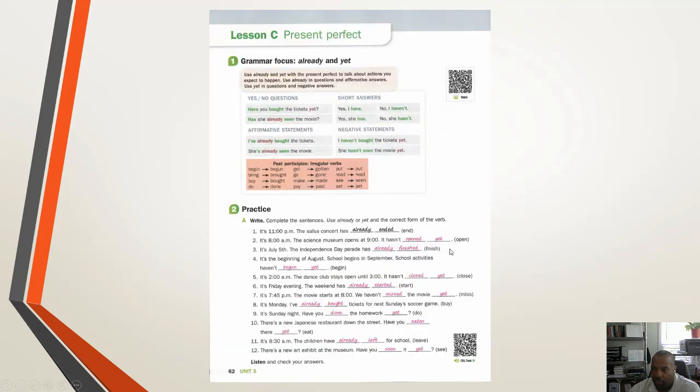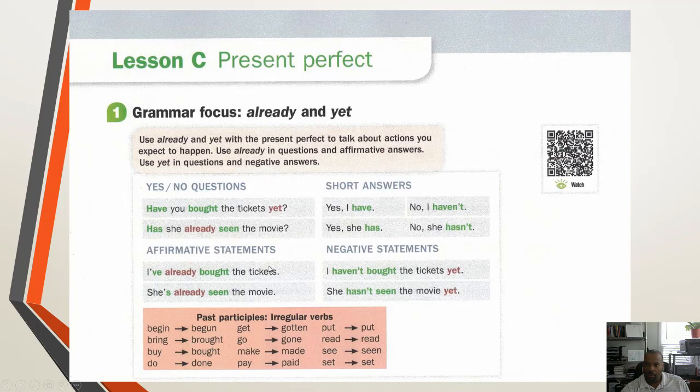Let's see what the book wants us to do. If we open up our student books to page 62, we'll look at number 1, grammar focus, and they want us to use already and yet in our present perfect forms.